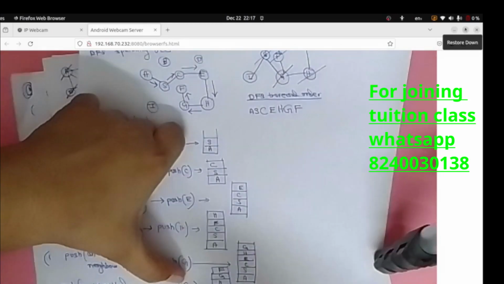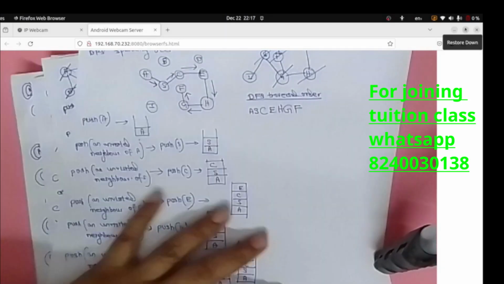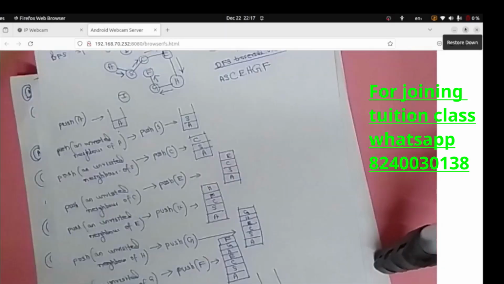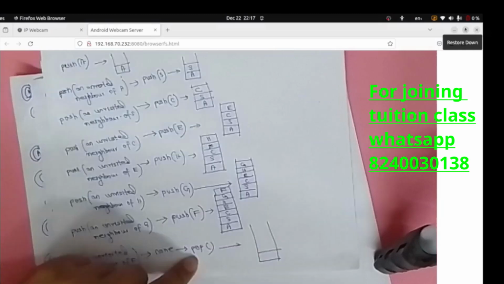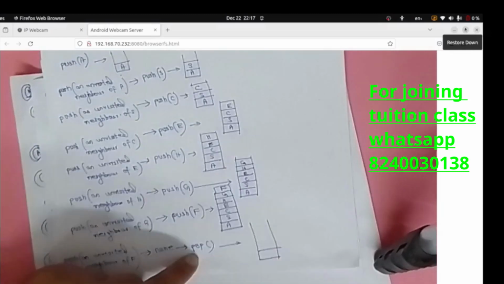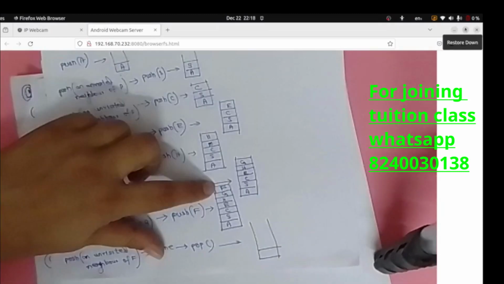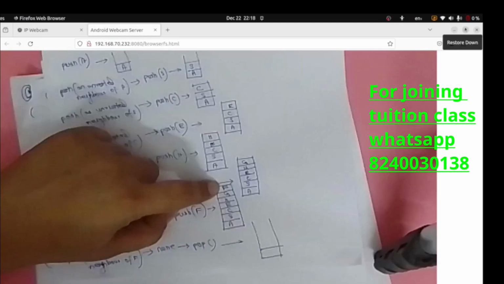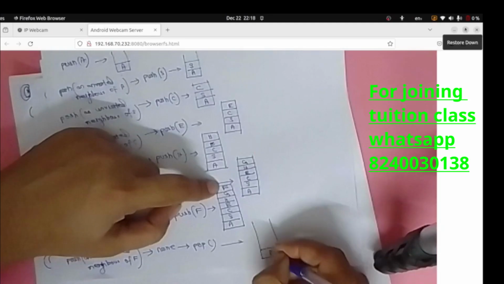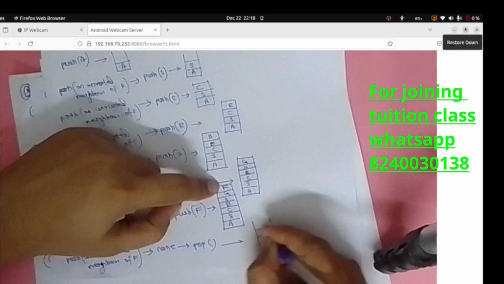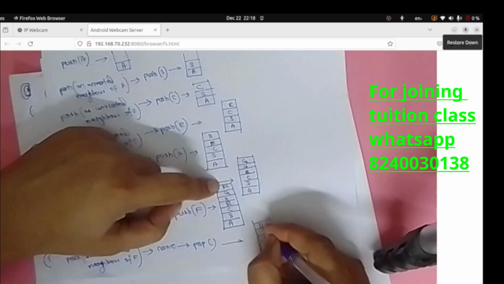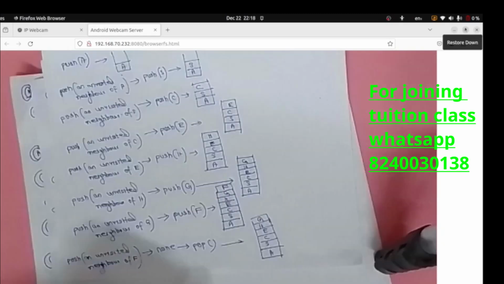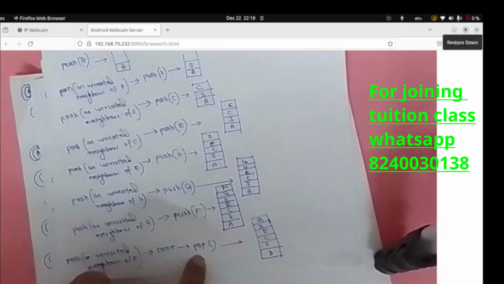Now after push F there is a pop operation. Pop operation means the topmost element, that means F, will be deleted from the stack. So the current stack items will be A, S, C, E, H, and G. And remember, when there is a pop operation, that means there is a backtrack.